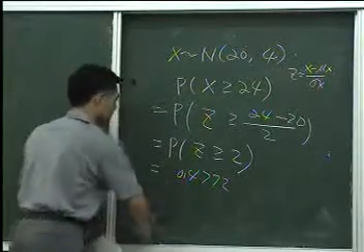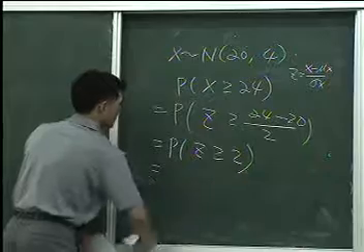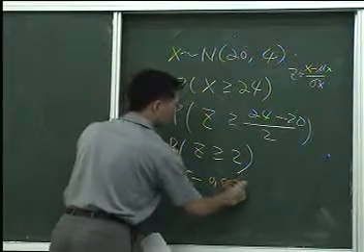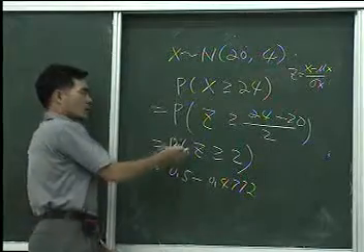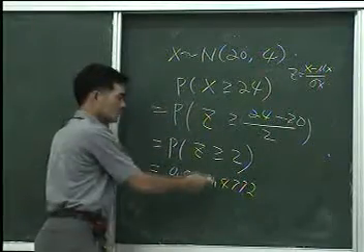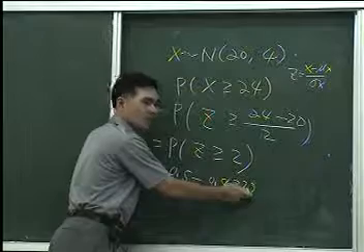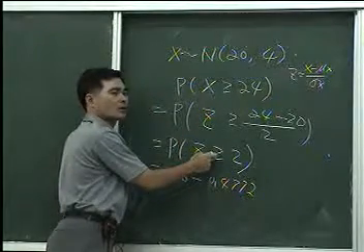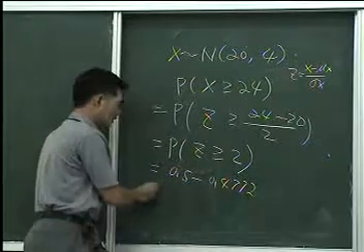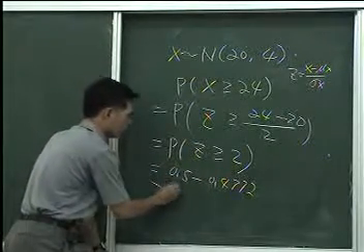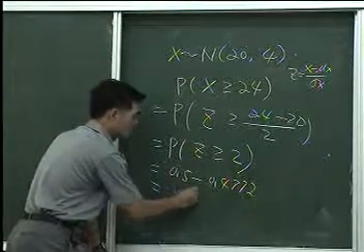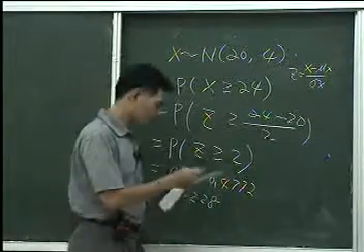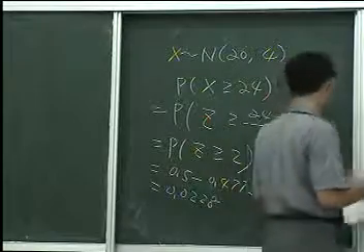So it should be 0.5 minus 0.4772, right? Because from 0 to 2, it is 0.4772. We are talking about greater than or equal to 2, right? So then it should be 0.0228.